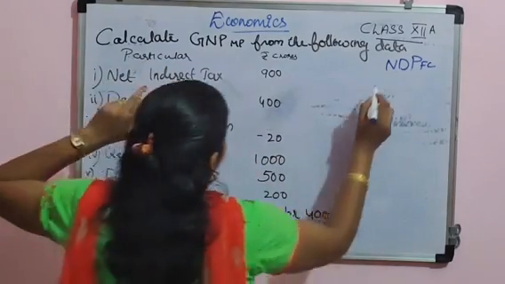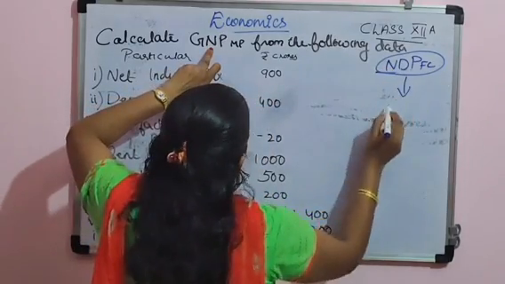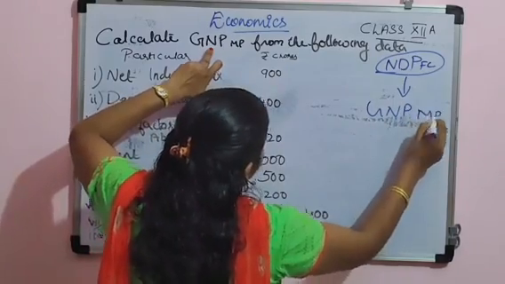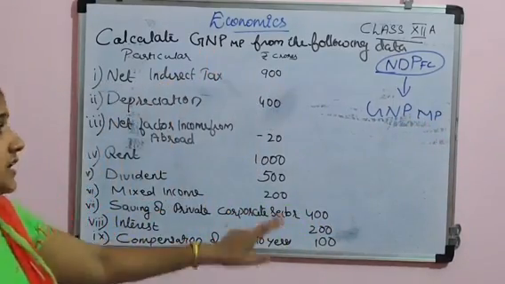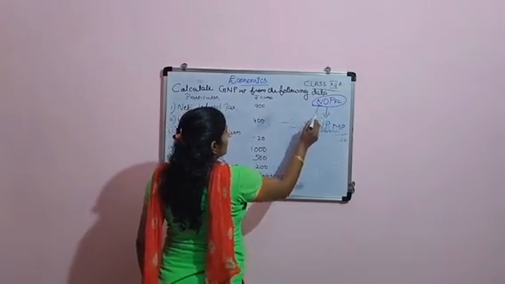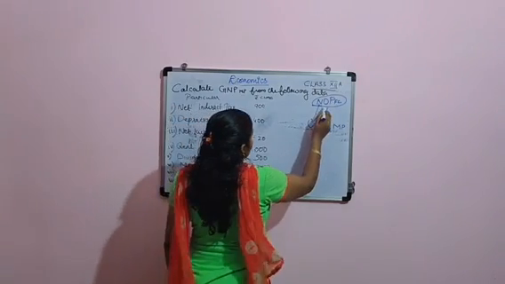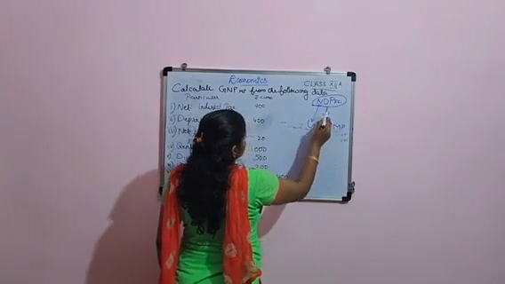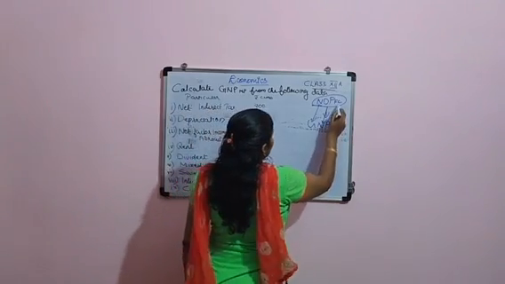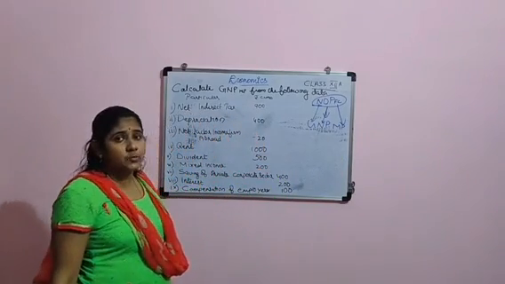Then this NDPFC you want to convert to GNP/MP. So students, you just see that here the net you will be converting to gross value, then the domestic value you will be converting to national, then the factor cost you will be converting to market price.